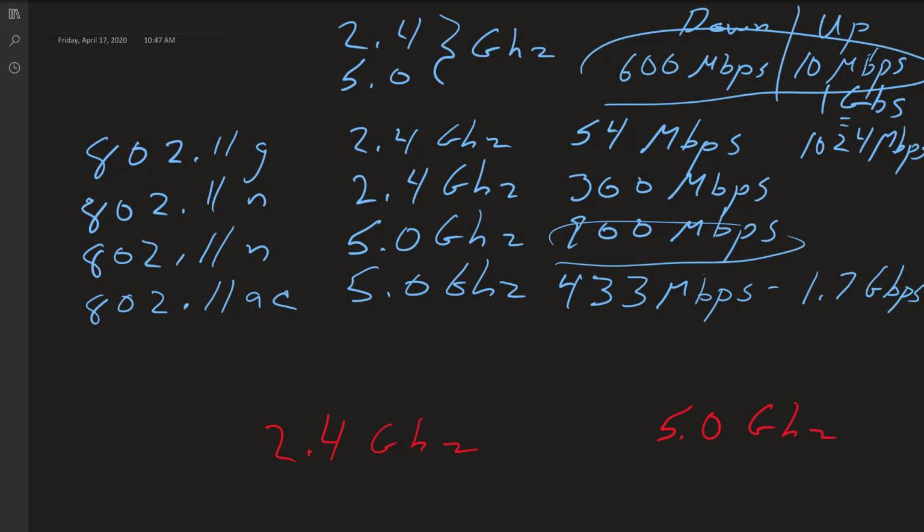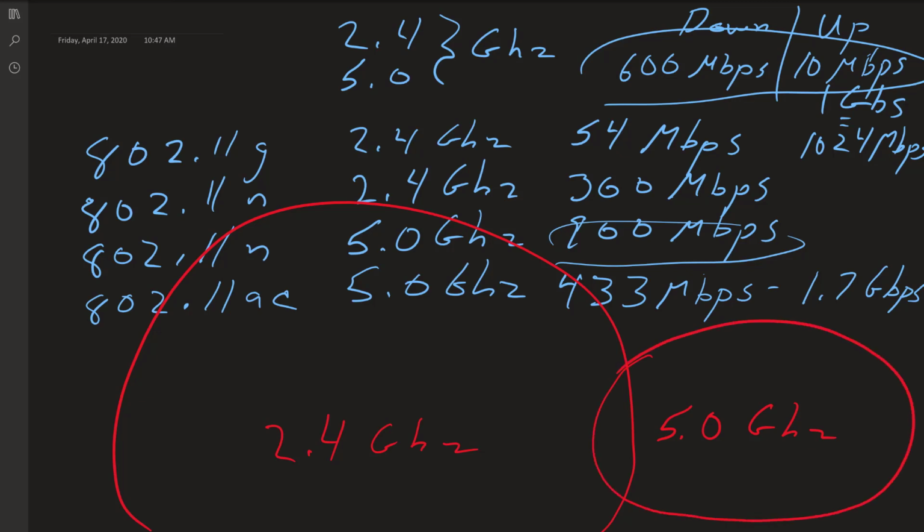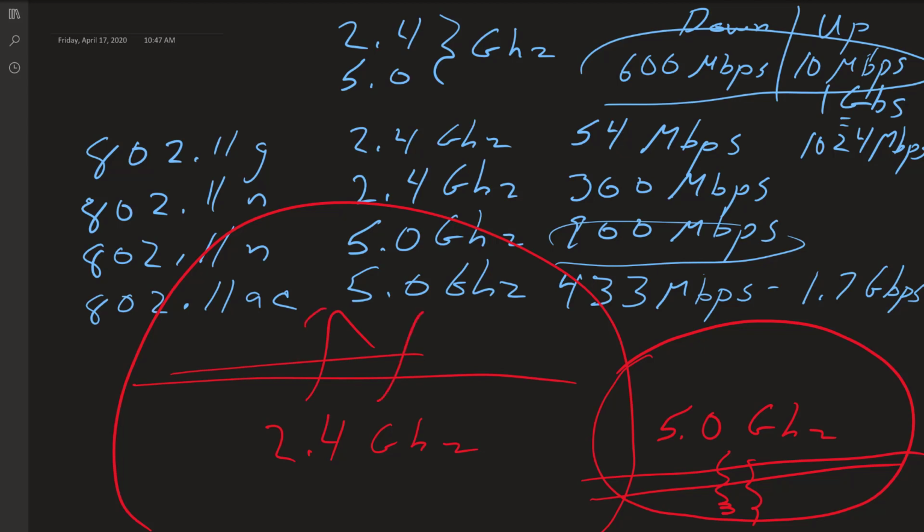Now, 2.4 had a very long range, but it was slower. 5 gigahertz had a more narrow range, and if there was something like a barrier in between, it doesn't flow as well through that barrier, like a wall in your home. Whereas 2.4 gigahertz can go ahead and flow through more barriers.